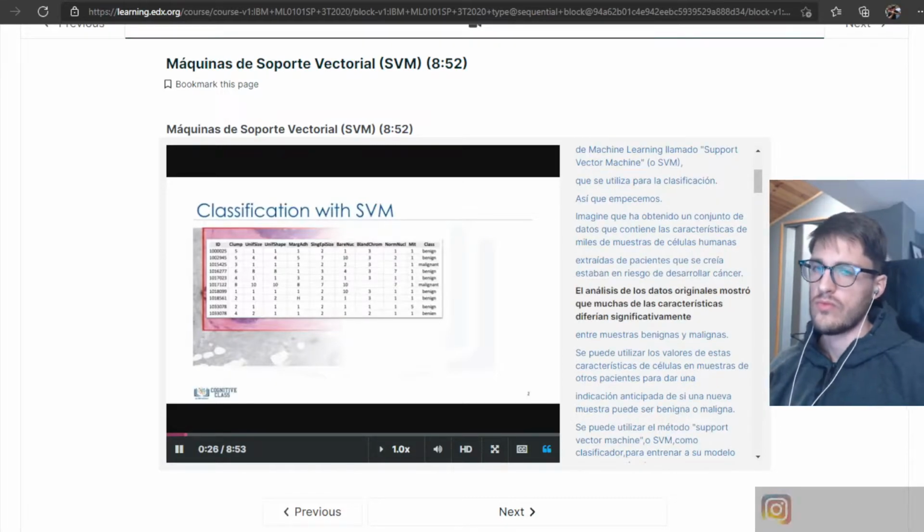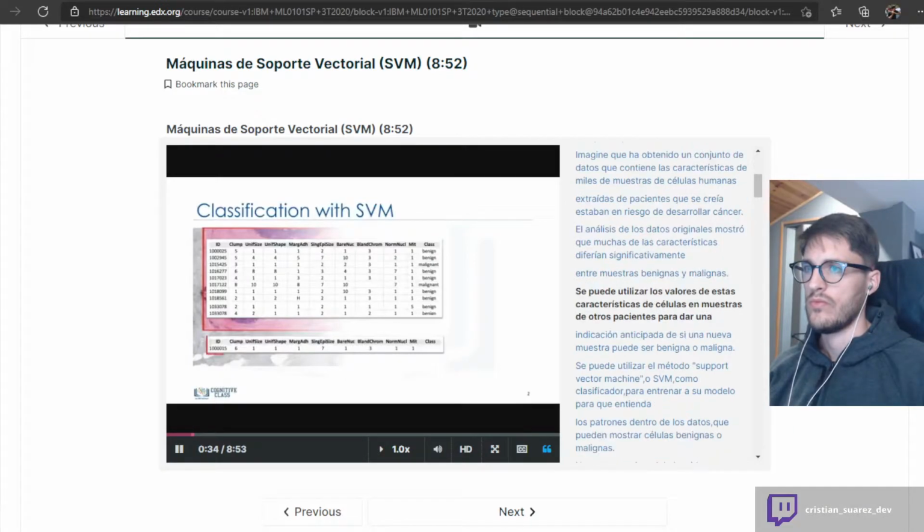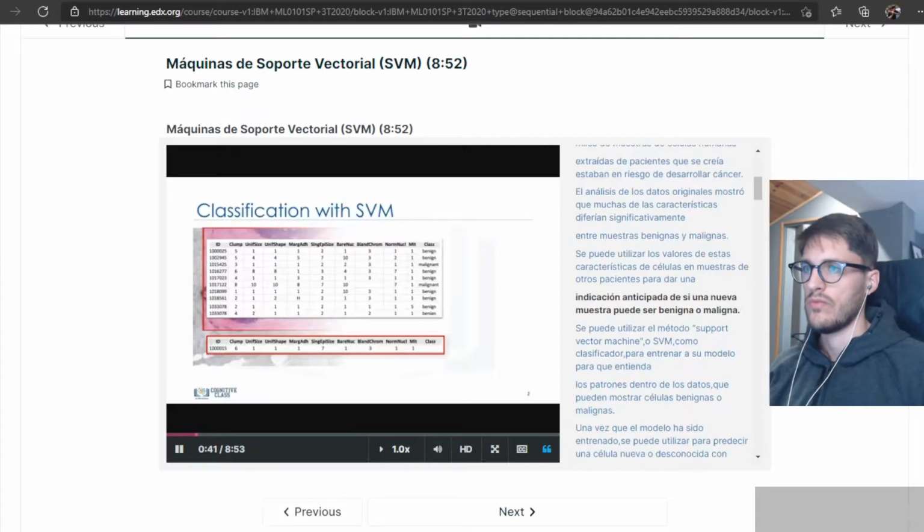Analysis of the original data showed that many of the characteristics differed significantly between benign and malignant samples. You can use the values of these cell characteristics in samples from other patients to give an early indication of whether a new sample might be benign or malignant.